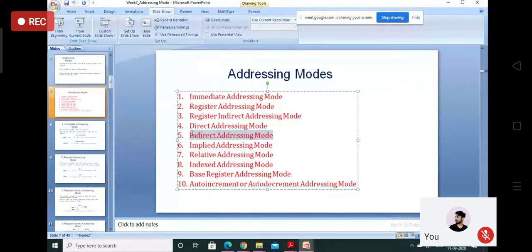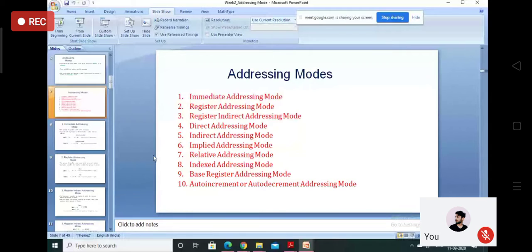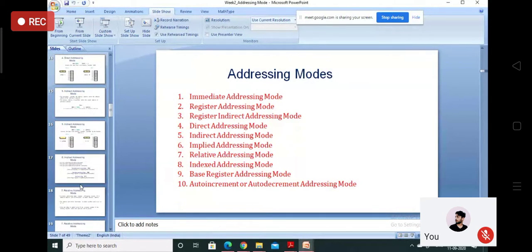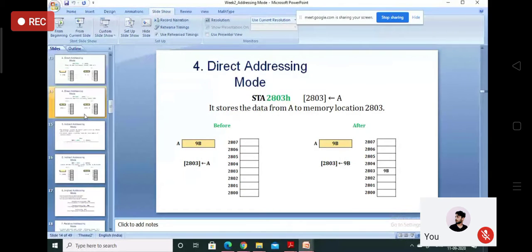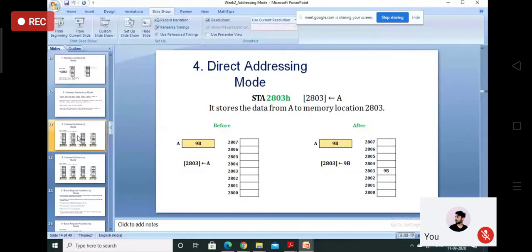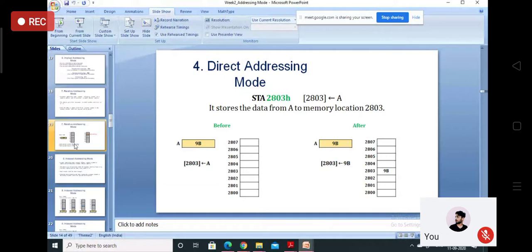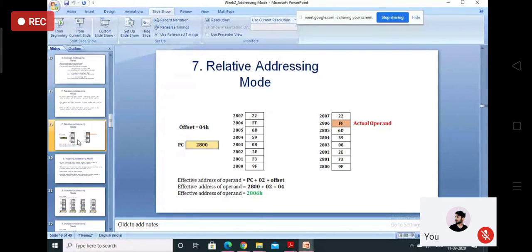Not all, but certain addressing modes are actually using some jump type instructions. So I am showing you a certain picture. I will try to cover this one. This is the direct, and you can find some relative addressing mode, or you can find this indirect one.